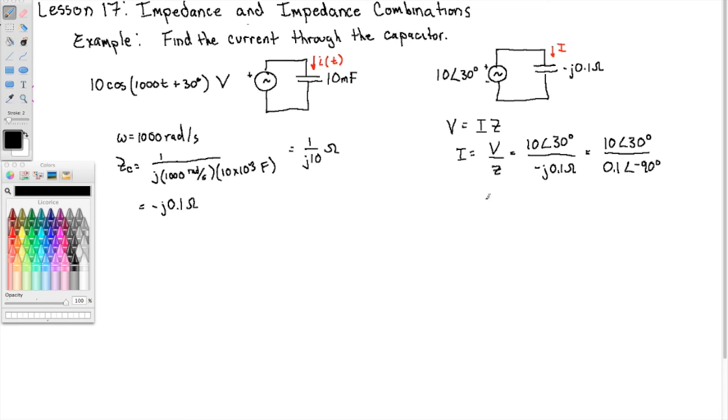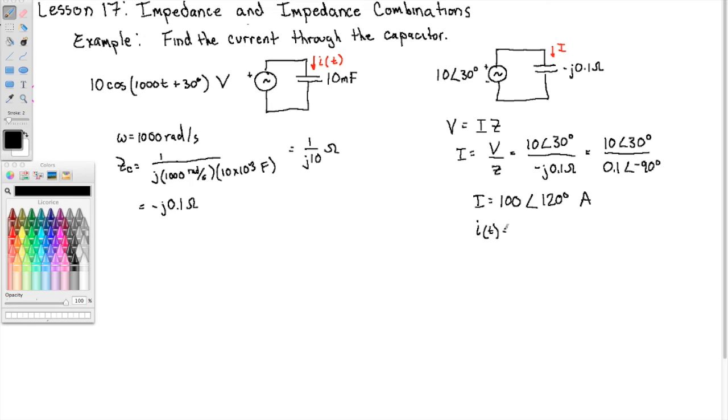There. So the current, if I do this division, 10 divided by 0.1 is 100. And remember, the angles subtract. So 30 minus negative 90 is 120 degrees. Amps, right? So now let's convert this back to the time domain.